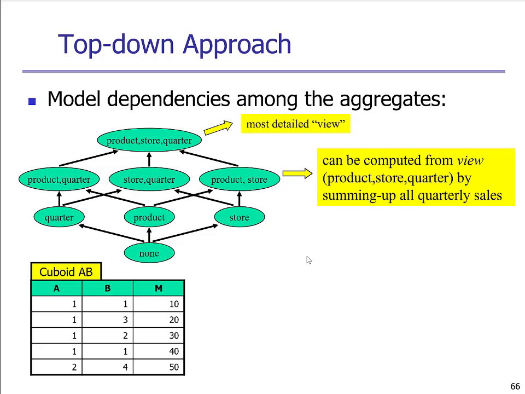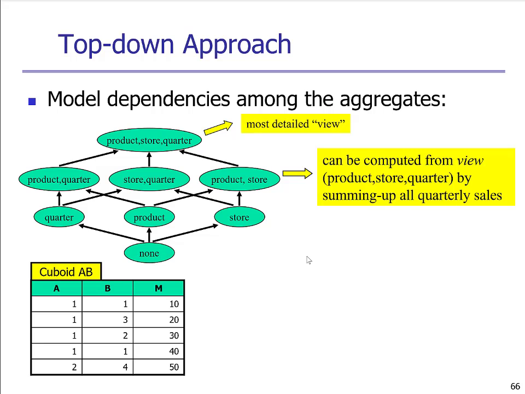One is top down, one is bottom up. Top down is not a very good idea compared to the bottom up. So we will quickly go through it, and we will put more time into introducing the bottom up approach to compute these cuboids.